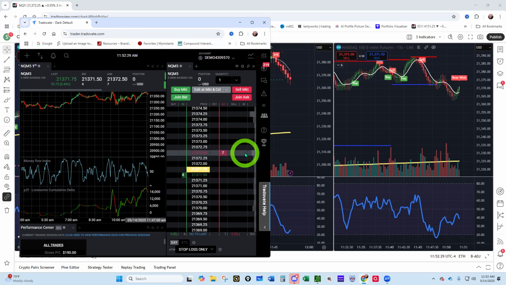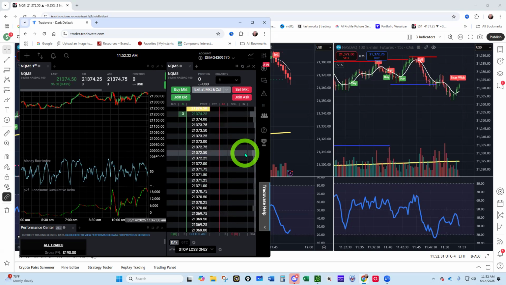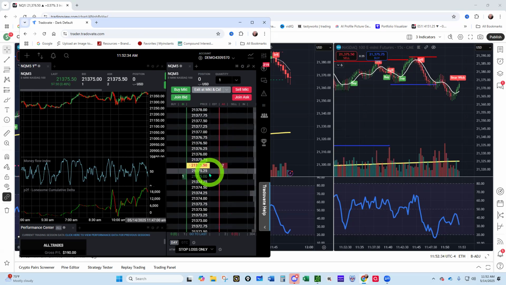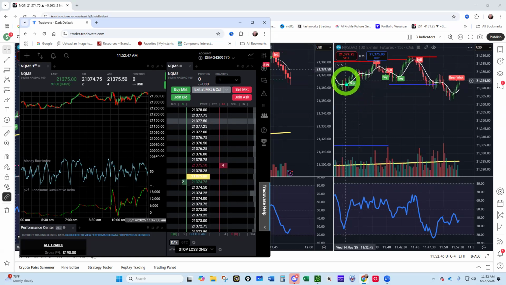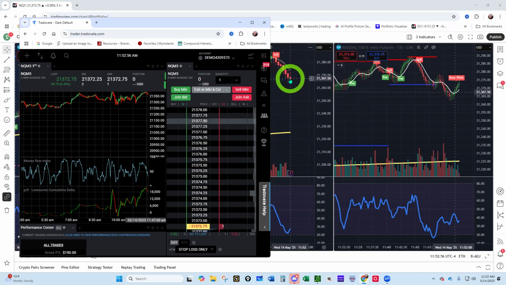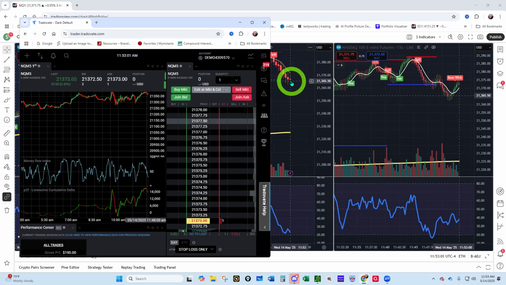So is everybody feeling good about the strategy? Get in when you got a sell signal, but the bar has to be closed under the line. On a buy signal, the bar has to be above the white line. And then, if you get $100, you could take it, or follow the rule of where you don't get out until you get an opposite color candle closed on a 1 minute.